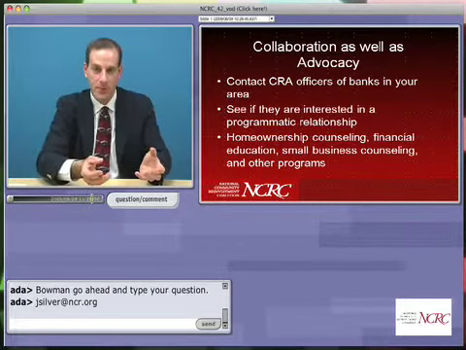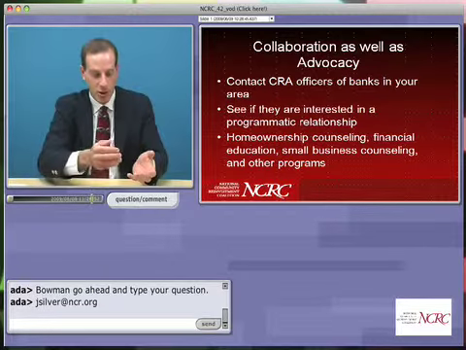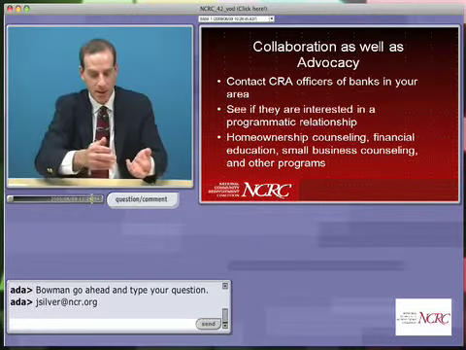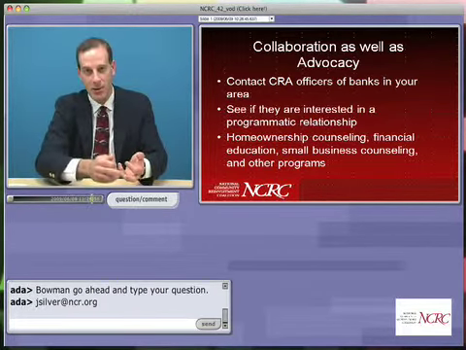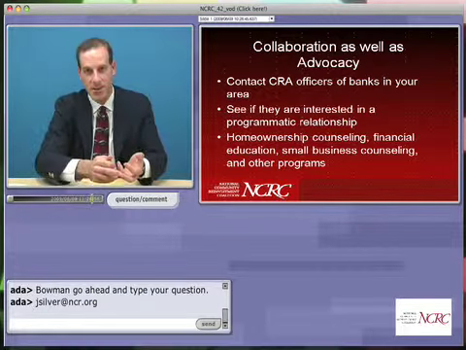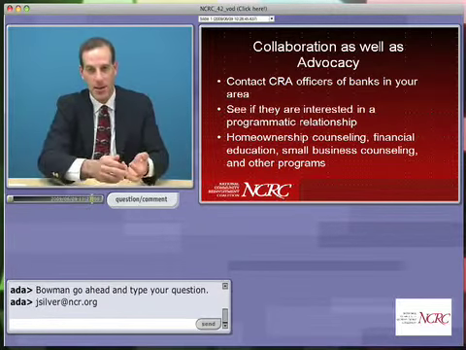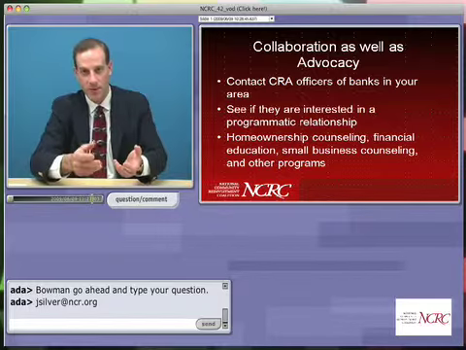with the bank officials about how to create affordable loan products, how to create affordable basic banking services, checking accounts, savings accounts, small business products, how to finance affordable rental housing.